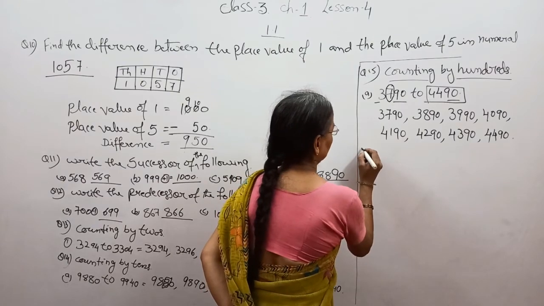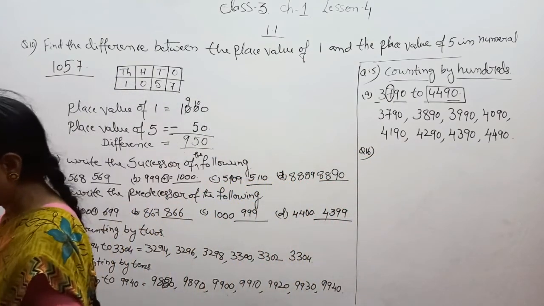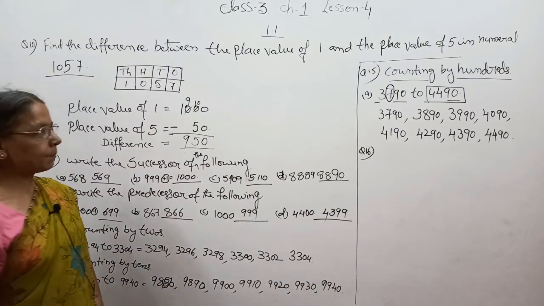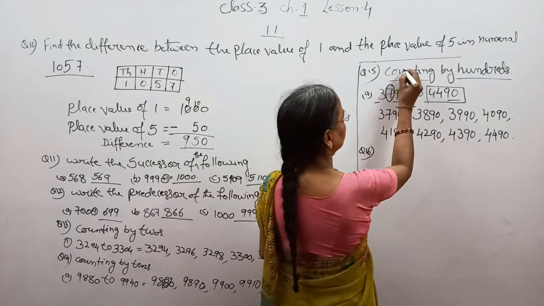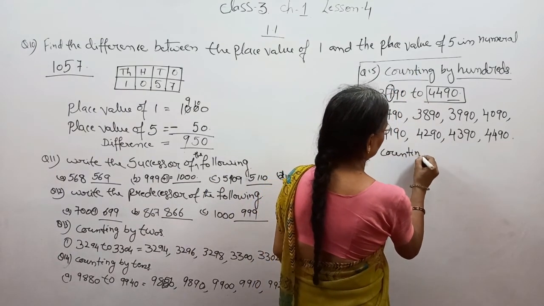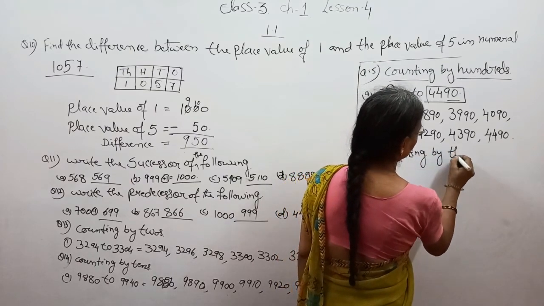Then question number 16, counting by thousands. यहाँ पे हमें काउंटिंग करना है थाउजेंड्स में. Counting by thousands.